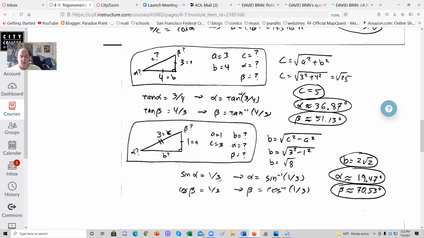So sine of alpha is 1/3. So alpha is arcsine 1/3, which is about 19.47 degrees. Now for beta, A is adjacent and C is the diagonal. So 1 over 3 is adjacent over hypotenuse, the cosine of beta. Cosine beta is 1/3. Therefore, beta is arc cosine of 1/3, which is about 70.53 degrees.